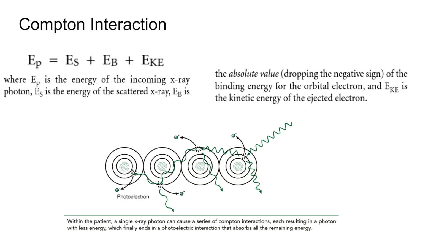So what's the calculation on Compton? Similar to photoelectric. The photon energy is the binding energy that was overcome, the incoming X-ray, plus the kinetic energy. So those three give you your photon, your 78.